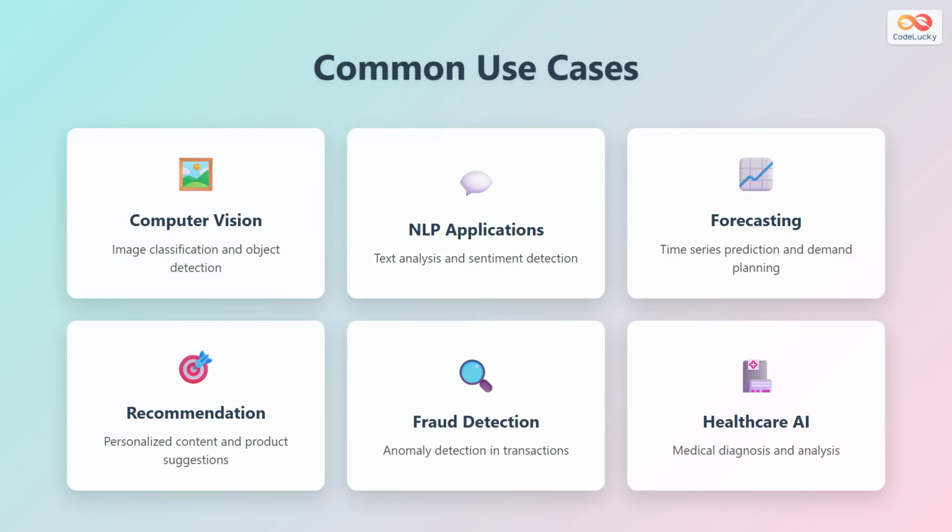Fraud detection employs anomaly detection in transactions to identify suspicious activities in real time, protecting financial institutions and their customers. Healthcare AI applications assist with medical diagnosis and analysis, helping healthcare providers make more informed decisions. These use cases demonstrate the versatility and power of SageMaker across various domains and industries.